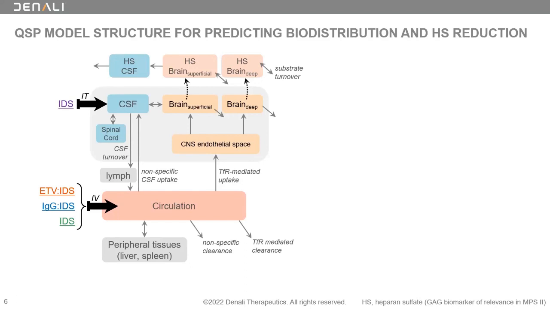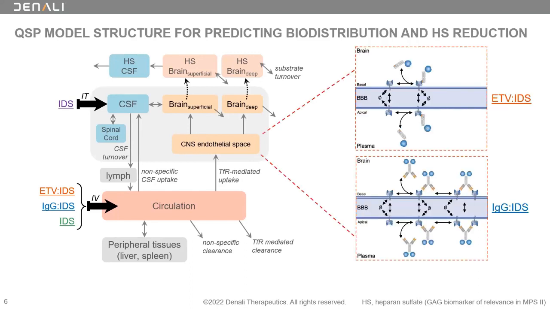Now, what is also interesting in this particular schematic is, if you notice, the exchange between the CSF and the brain superficial region for the pharmacokinetics of the drug, or the PK of the drug, reflects in the distribution of the biomarkers, where the CSF is a reflection of what is happening in the superficial region of the brain, and not necessarily the entire brain volume, based on the same arguments that we've just described on the previous slide.